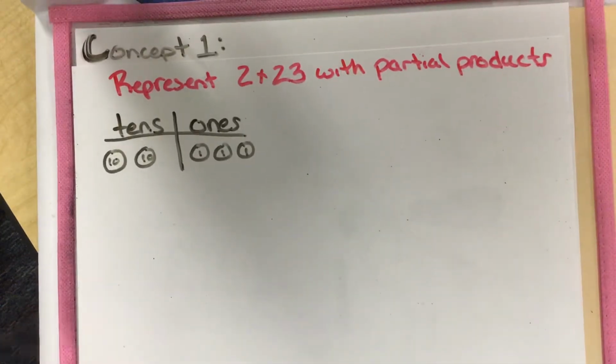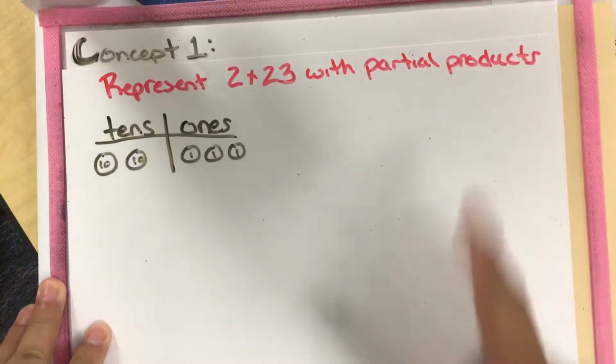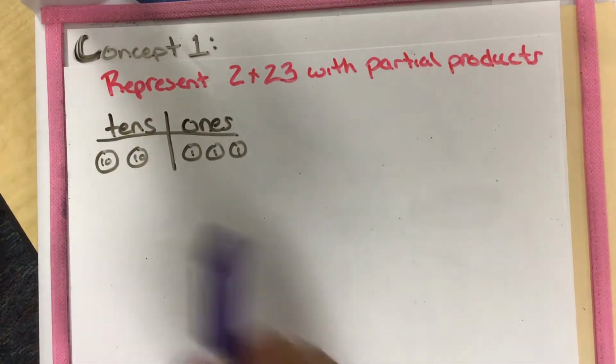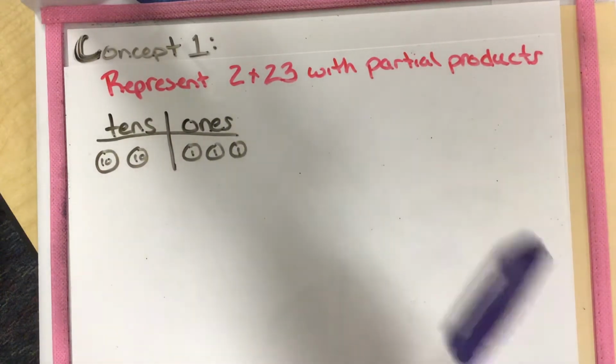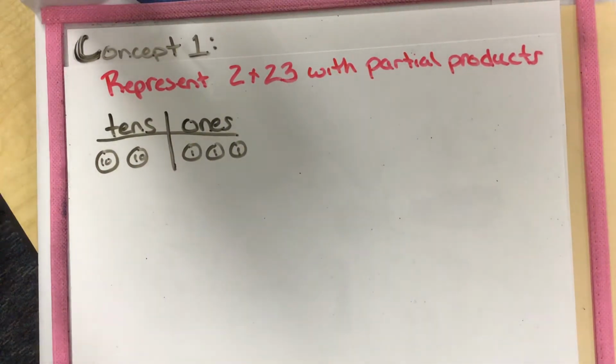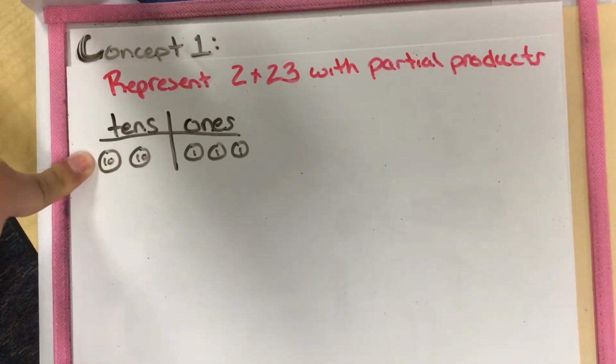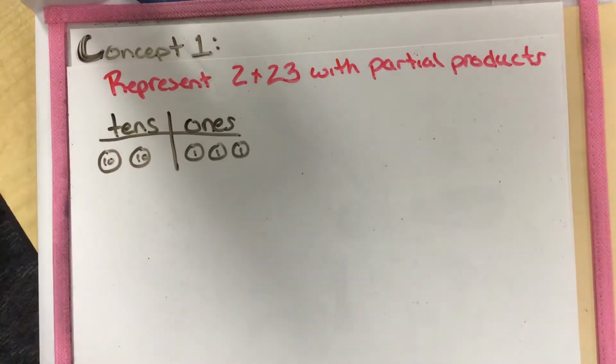For our lesson, we're looking at one single concept, and it is representing partial products. For this problem, we're going to represent 2 times 23. I have drawn a place value chart right here just to help you see the units for each of the numbers and how much they're worth.